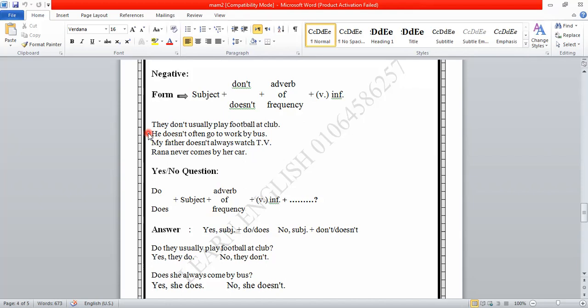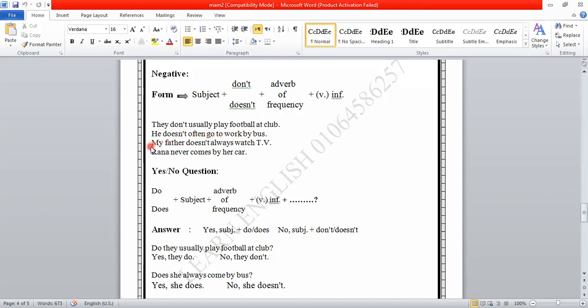So what we did, we put the pronoun, our subject, he, then we put doesn't for negative, then we put the adverb of frequency as the form said, then we put the verb in infinitive form, go, and complete the sentence. So we changed the verb goes to doesn't go.